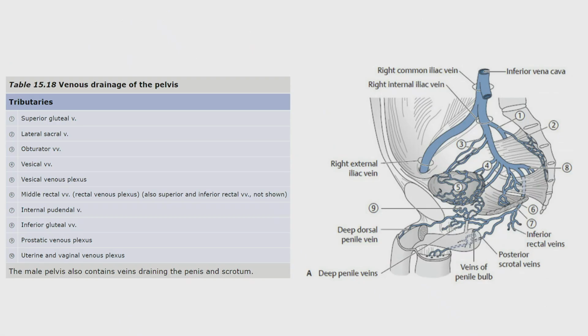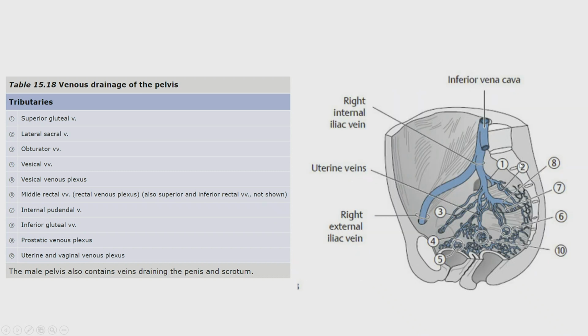And this is the recapitulation of what I said about the veins. More or less they follow the arteries of the internal iliac artery, and in the organs they make a plexus, which you have in a table here.